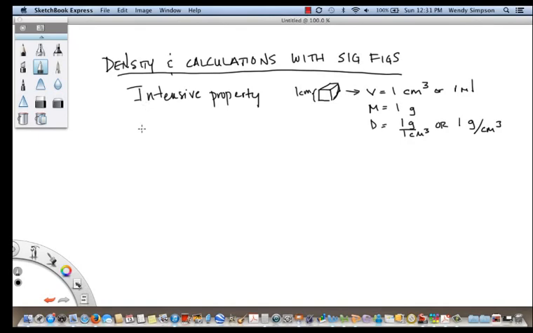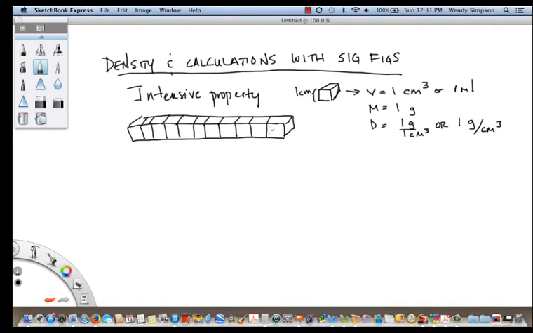Let's say I took 10 of these cubes, or I had a piece of the material that was 10 times longer. 1, 2, 3, 4, 5, 6, 7, 8, 9, 10. You get the idea. So this is a much longer version of our original piece of material.